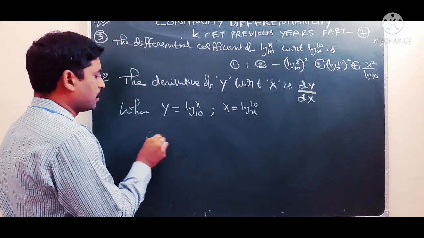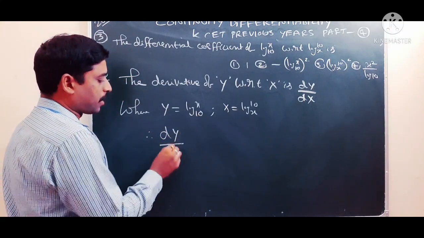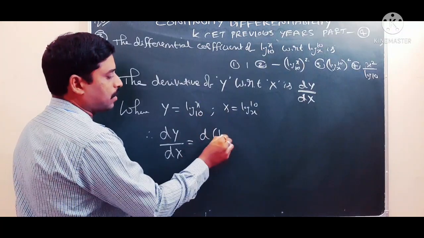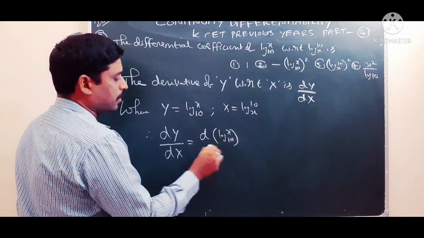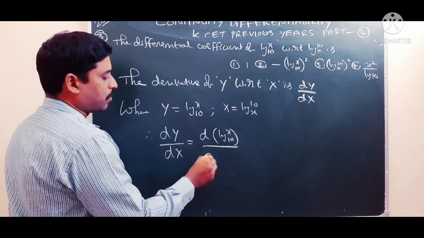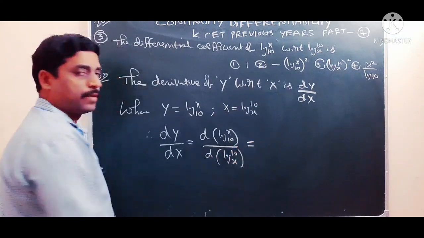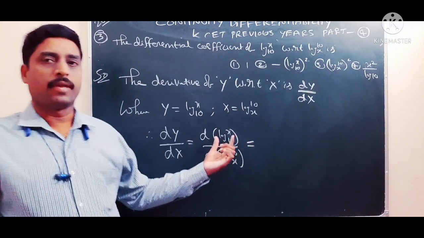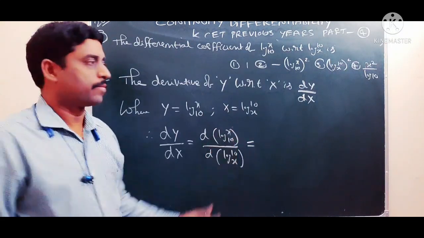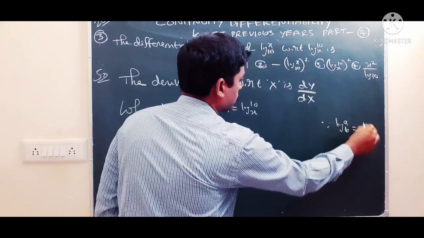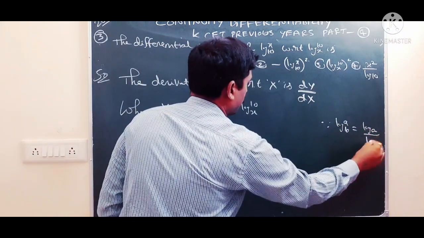Okay, what is our target? dy by dx. This is equal to the derivative of y, log x base 10, whole divided by the derivative of x. We have one formula: log a base b is equal to log a by log b.